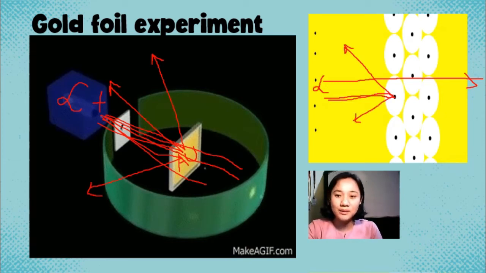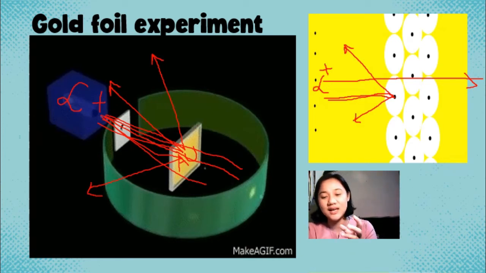Again, remember, the alpha particle is a positively charged particle. Let's go back to the law of magnets. Positive attracts negative. Once positive and negative are combined, there is attraction. But once you combine a positive charge and a positive charge, or a negative charge and a negative charge, there is deflection or repulsion.